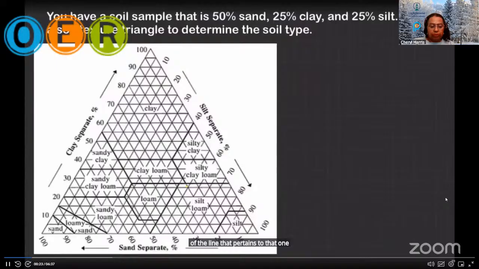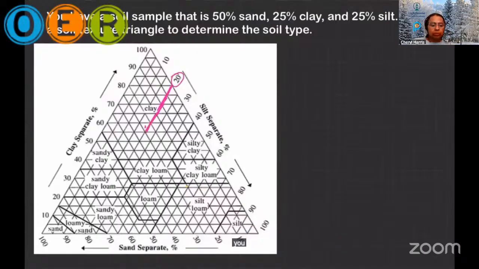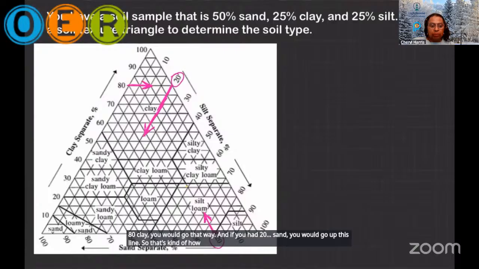Because sometimes I would get confused, like, is it left, right? And then I realized it's like this. So if you have 20, for example, you would be going down that way. And if you had 80 clay, you would go that way. And if you had 20 sand, you would go up this line. So that's how we're going to figure it out.